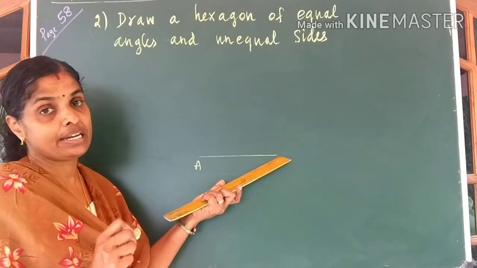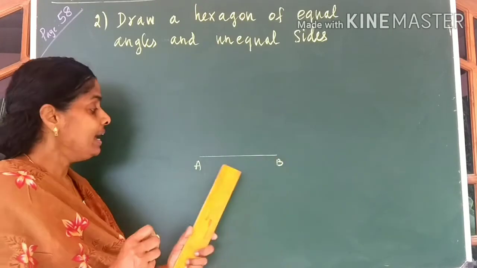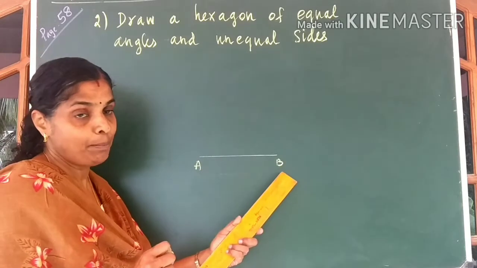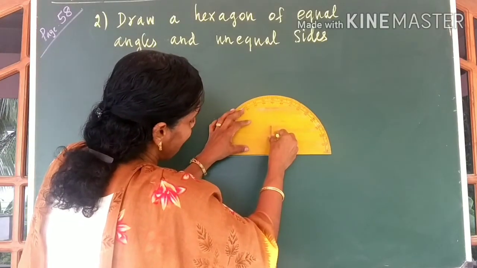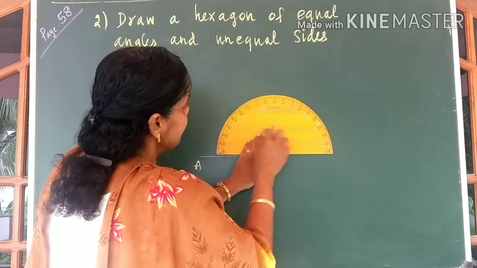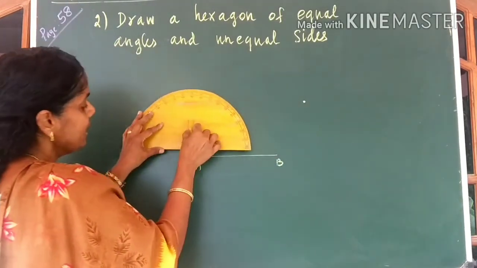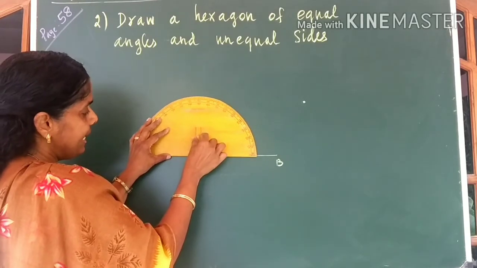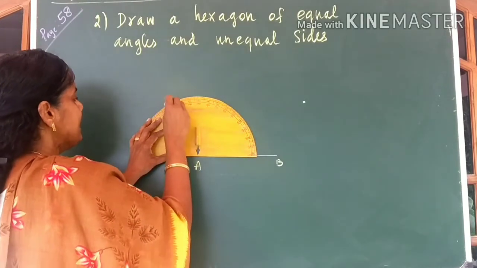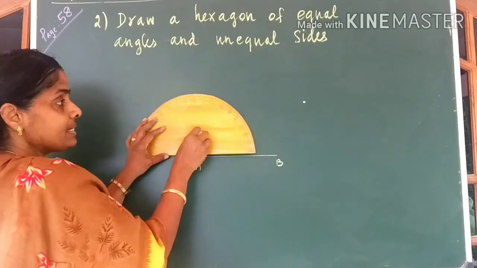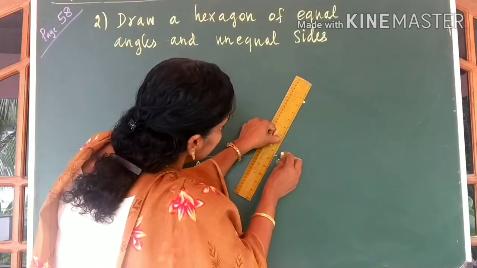We are measuring 120 degrees at points A and B. Keep your protractor at B and measure 120 degrees. So 120 degrees is here. Keep your protractor at A and measure 120 degrees. 120 degrees is here. Join this.